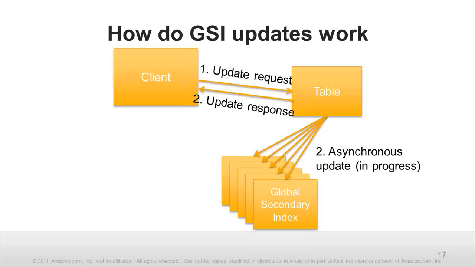But what we guarantee is that when the client gets a success message, 200 HTTP status code, that the update succeeded, the global secondary indices will be eventually updated. Typically, this happens within the order of 1 or 2 seconds. There are some caveats to that.